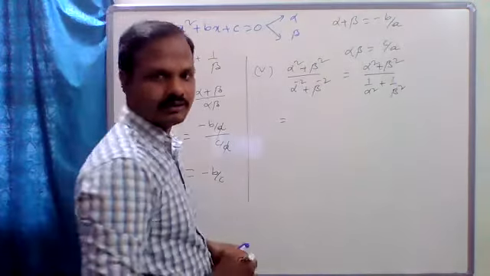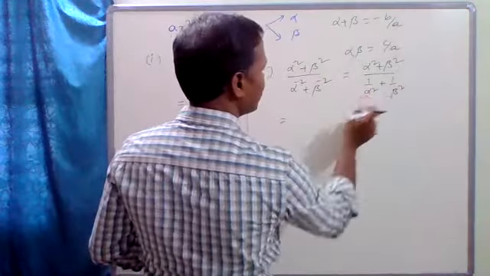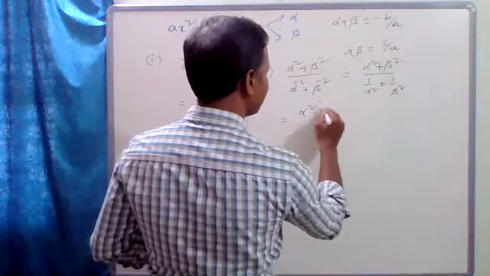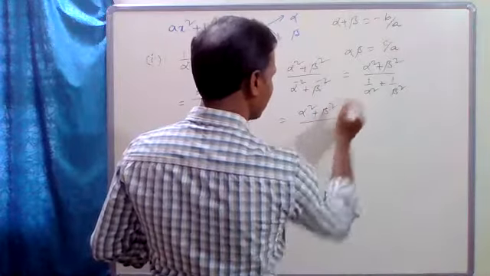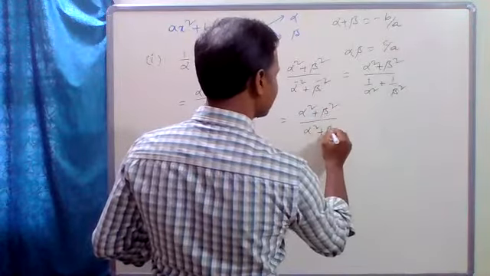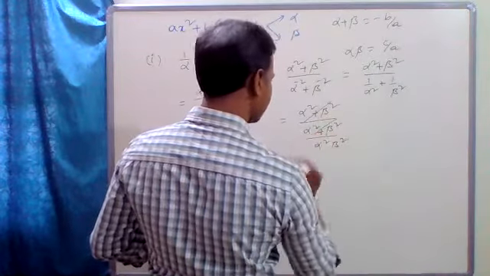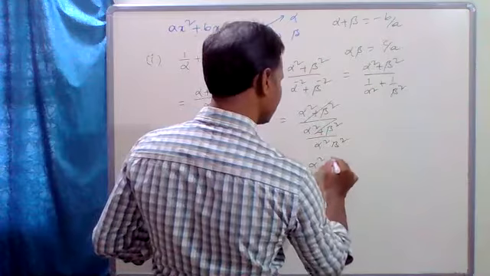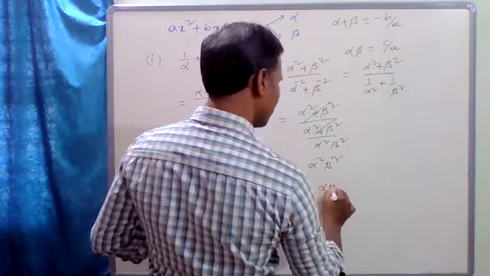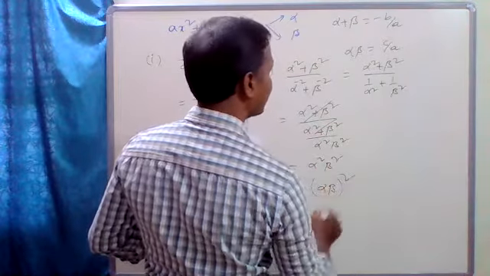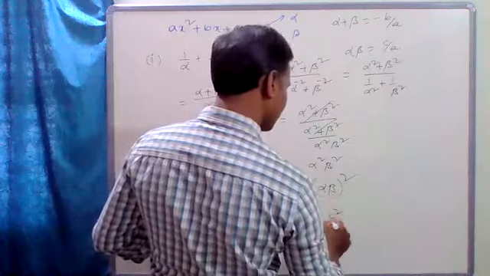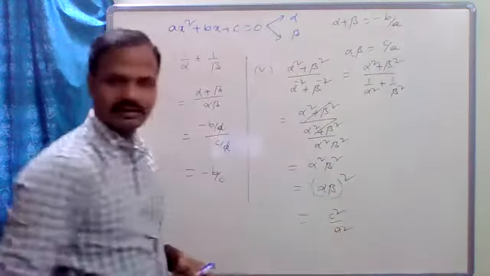Okay, Mamta, I will do. Now from this, alpha square plus beta square by alpha square plus beta square by alpha square beta square. So this will be cancelled, which is alpha square beta square, which is equal to alpha beta whole square. So alpha beta means c by a, so c square by a square. Is it clear?